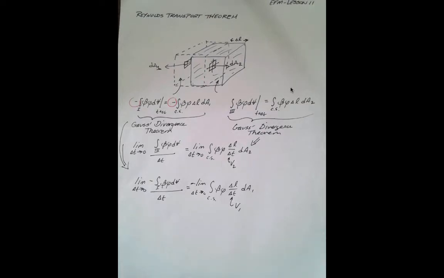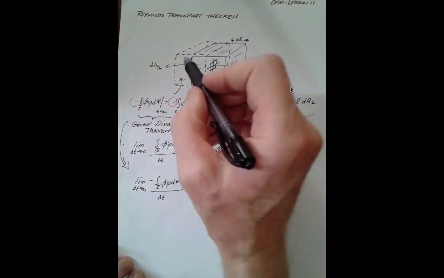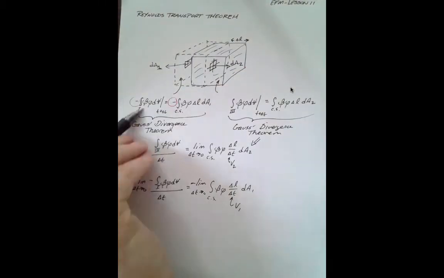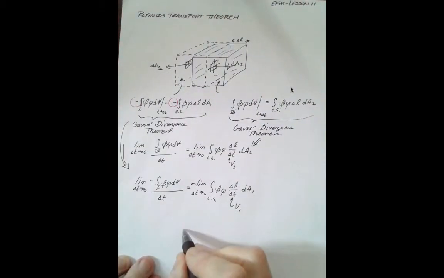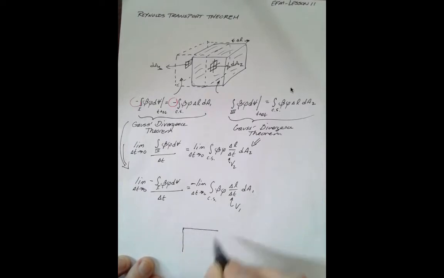So now we're going to want to examine the relationship between these small areas and the velocity. I'm just going to look at it from this direction. What I see from that direction is simply a rectangular object.